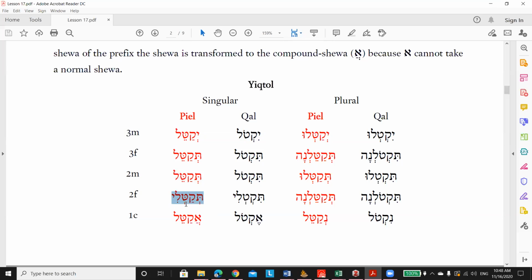Just don't forget that this shiva is pronounced, because the tav is forte. All right, so it's tekatel. Tekatli, that's you will kill, and then akatel is I will kill. Very well. Yes. Thank you. So let's do the same for the plural.